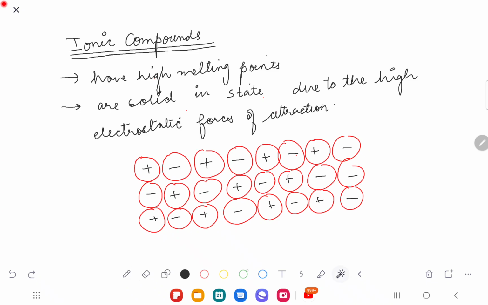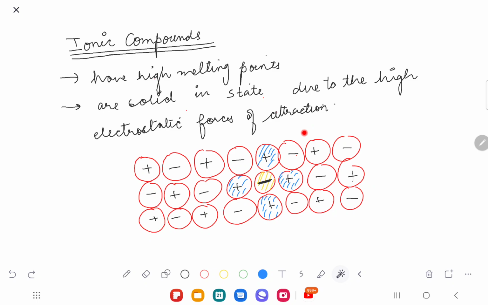this particular positive ion, this one, the yellow one, the negative ion. Do you see that this negative ion is actually surrounded by four positive ions? And these four positive ions are sort of holding the negative charge in its position. So it is very, very difficult for the yellow negative ion to move out of the lattice. Do you remember that?